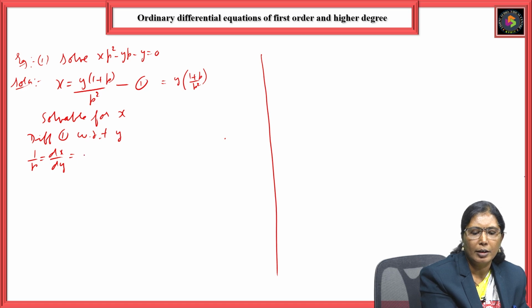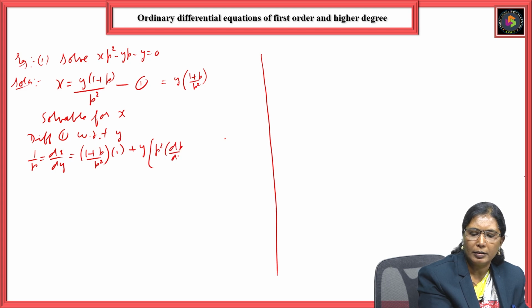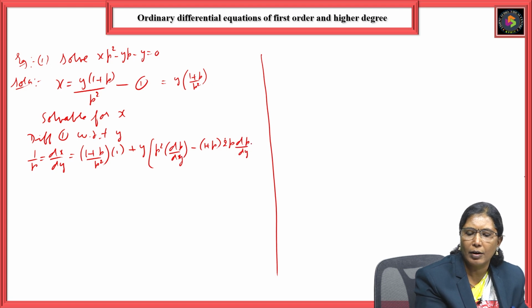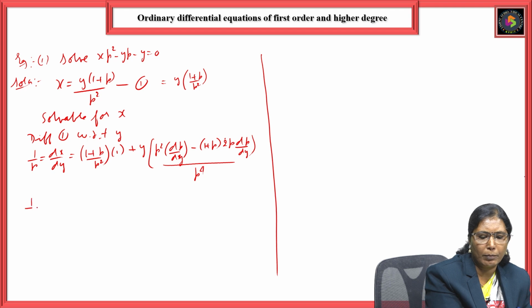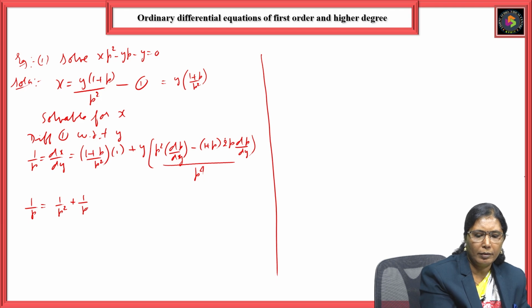Differentiating y, you get (1 plus p) by p square into 1, plus y kept as it is, and differentiating (1 plus p) by p square using the u by v rule: p square into dp by dy minus (1 plus p) into 2p dp by dy, divided by p to the power of 4. So what you get: 1 by p is equal to (1 plus p) by p square plus y times that derivative.